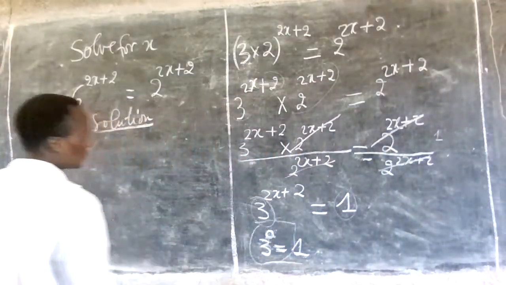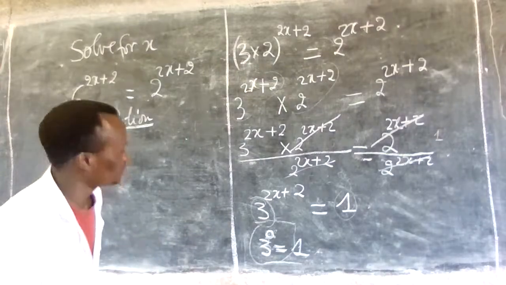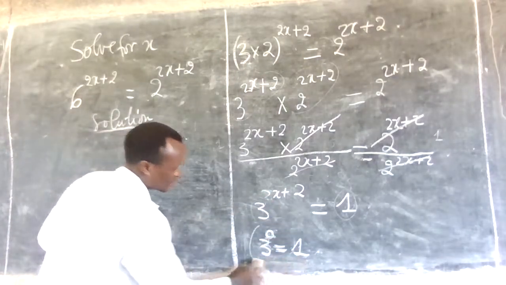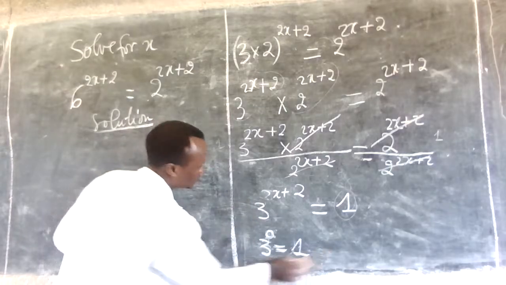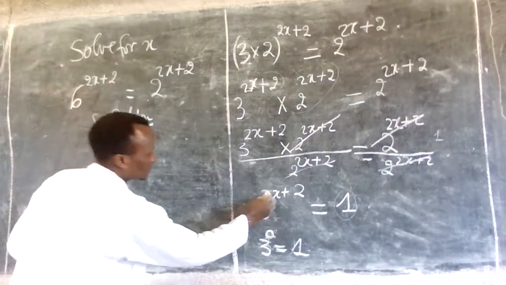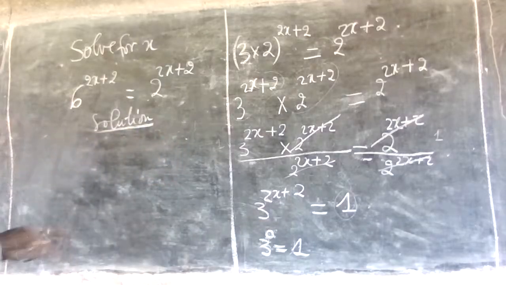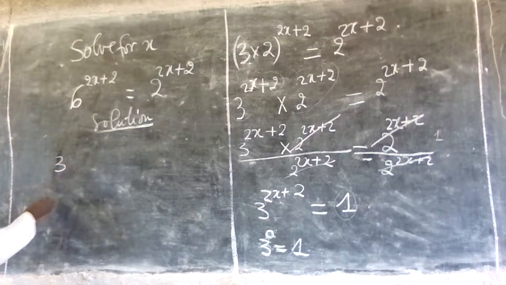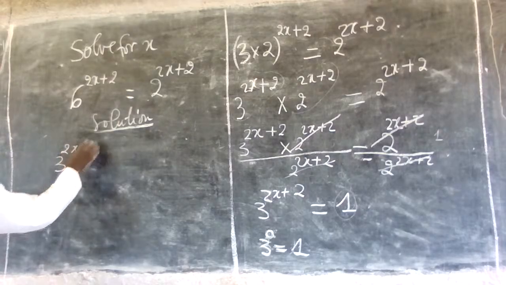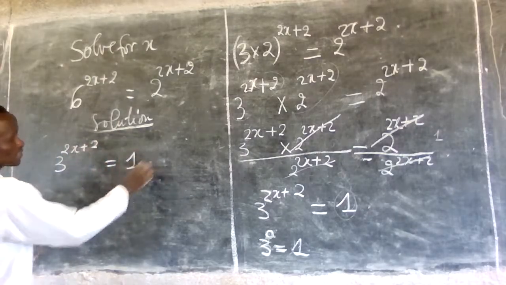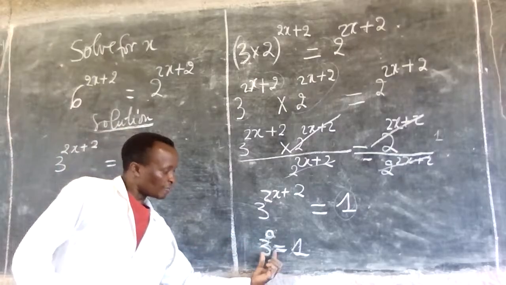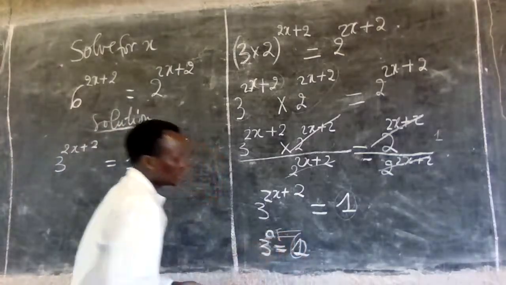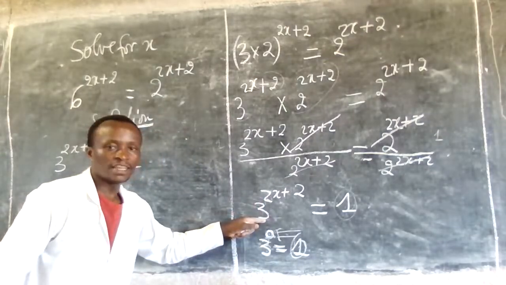Let us continue by solving this question. This is 2. So now we remain with 3 power 2x plus 2 is equal to 1. As I told you, we have changed this one into this because here we had this 3.